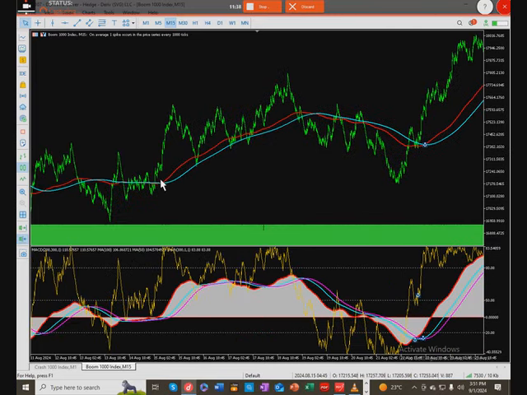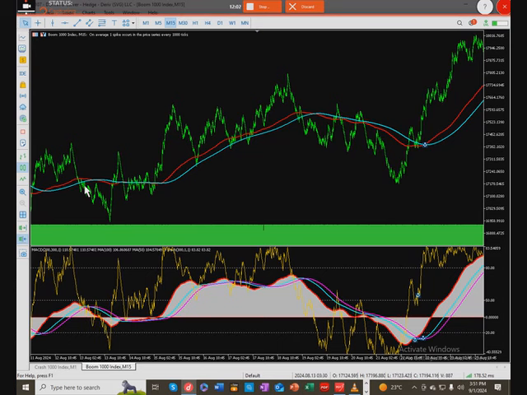Sometimes the market goes up and down, up and down, and then there is no clear entry.